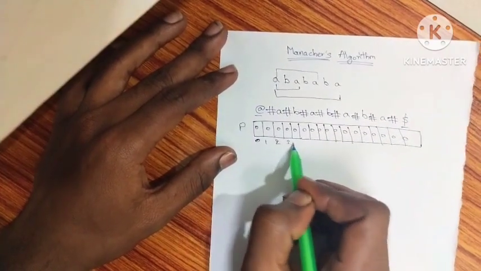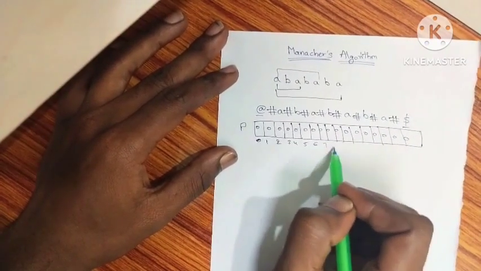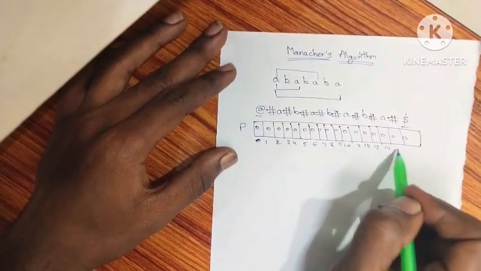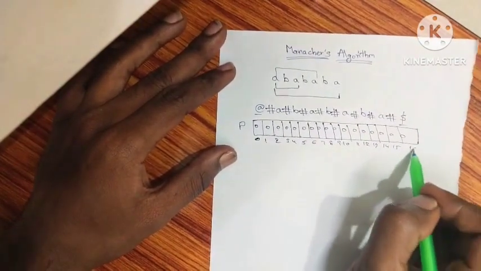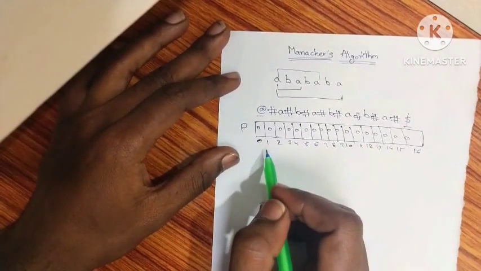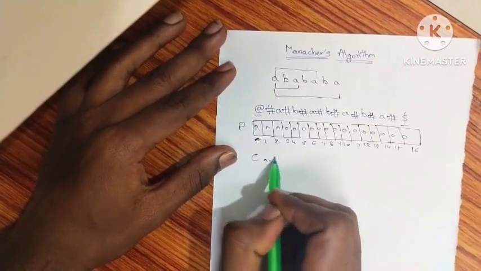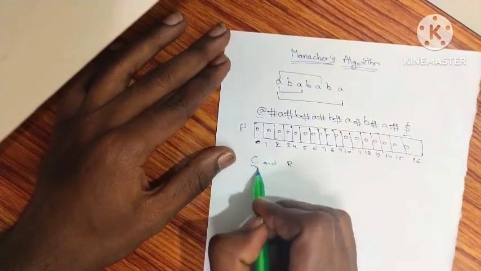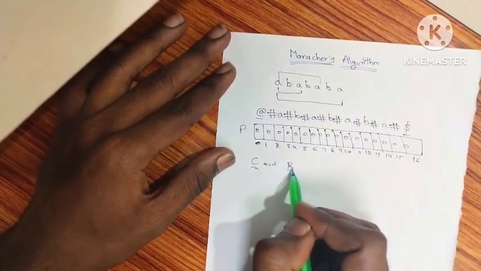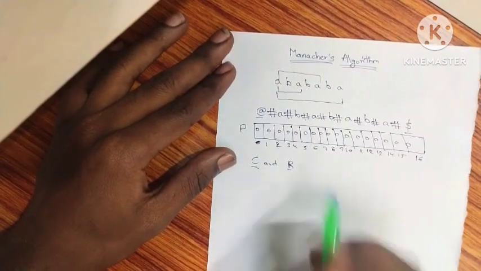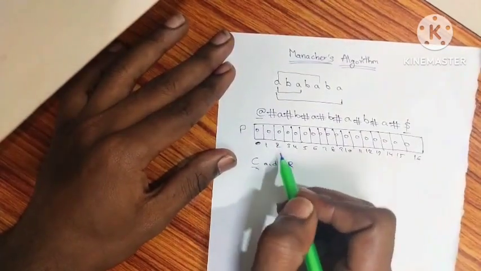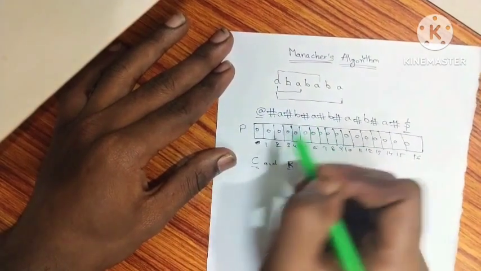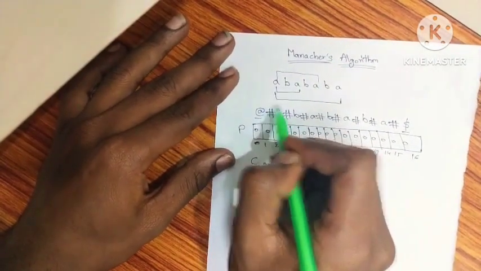These are the indexes of the array. Now let's initialize two variables, C and R, where C is the center of the longest palindrome and R is the rightmost boundary of the palindrome. Initialize C and R to the first character, which is our hash at index 1.